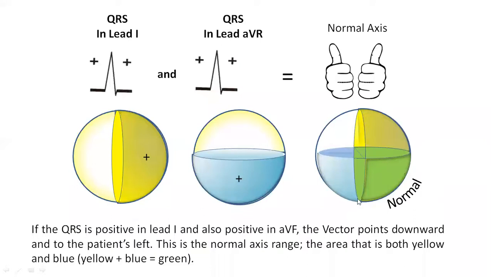So it can be within any of these areas. You have to look at ECG lead 1 and ECG lead AVF, and if the QRS complexes in both lead 1 and AVF are positive, that means the patient has a normal QRS axis.